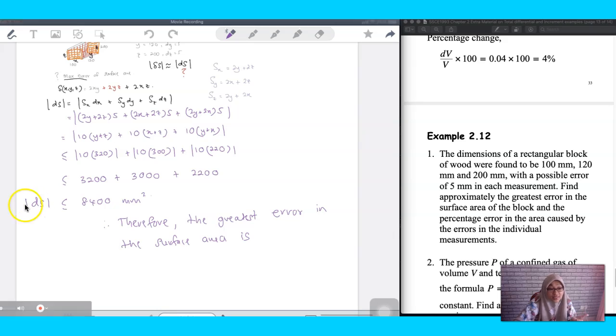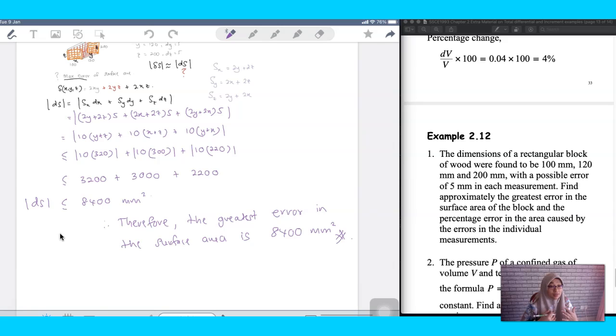If it is smaller than or equal to 8400, so what is the maximum then? So the maximum is 8400 millimeter squared. So meaning that you have to say it.